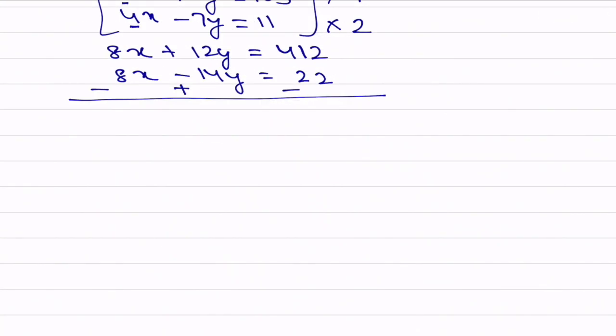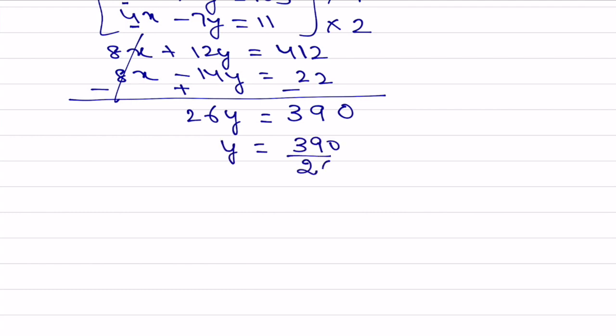Let's cancel. 26y is equal to 390. So y is equal to 390 upon 26, so it is 15. y is 15. Now put the value of y in any one of the equations.